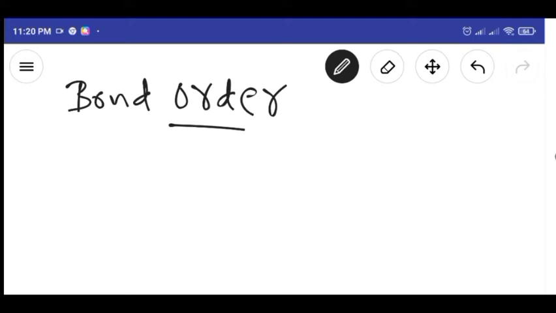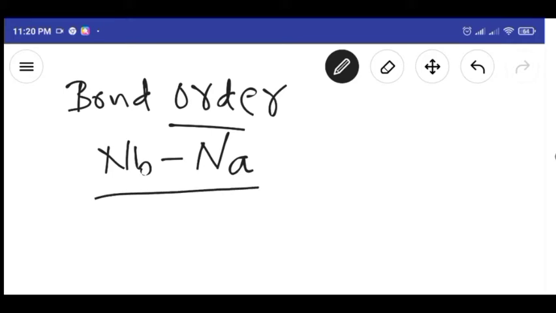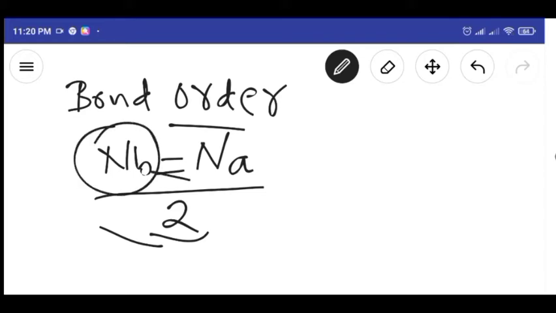It is defined as half of the difference between the number of electrons in the bonding molecular orbitals, denoted Nb, minus the number of electrons in the antibonding molecular orbitals, Na, divided by 2. So it is the definition of bond order.